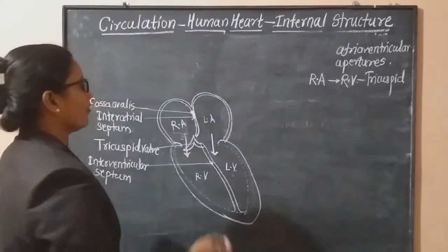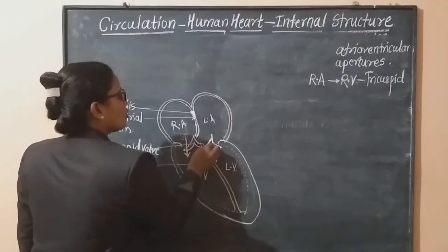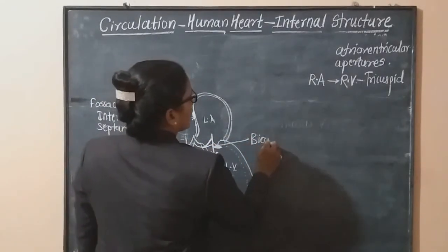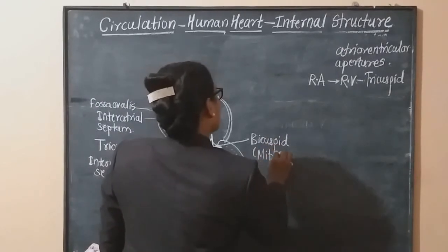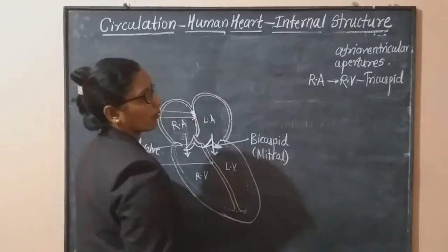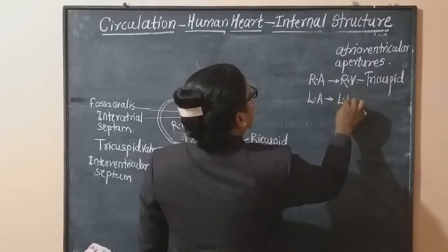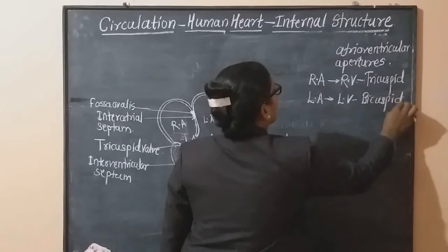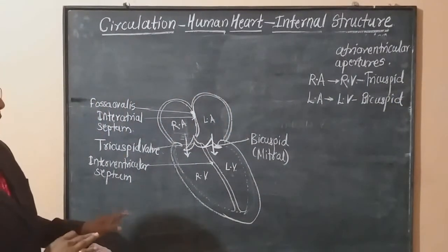In the same way, the left atrium opens into the left ventricle, and this opening is provided with a valve called the bicuspid valve, or mitral valve. This is a new important point included in the internal structure.